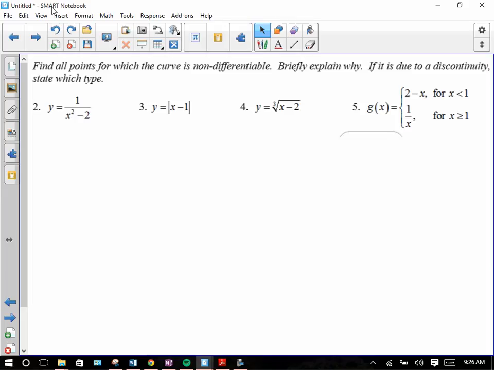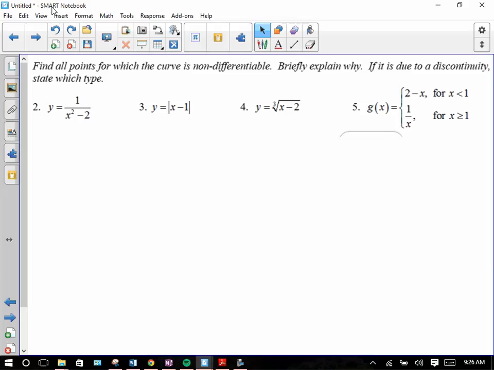Okay. The first equation says 1 over x squared minus 2. We're going to have some issues on this function. Why are we going to have some issues here?